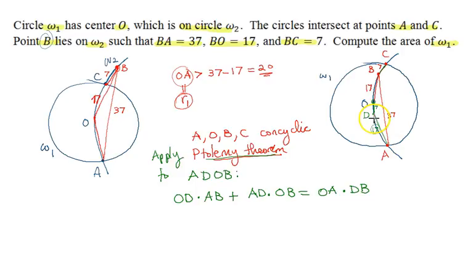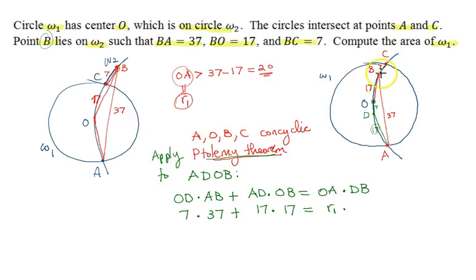So OD is 7, AB is 37 given in the problem, plus AD is 17 by construction, OB is also 17, and finally OA is our radius of the circle omega 1, so therefore I can call it R1.